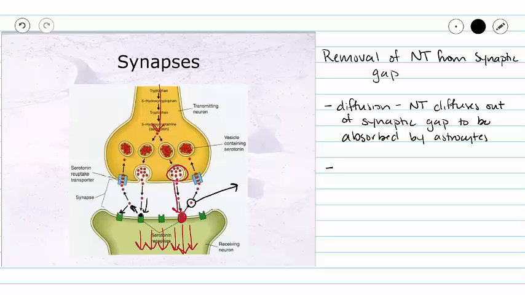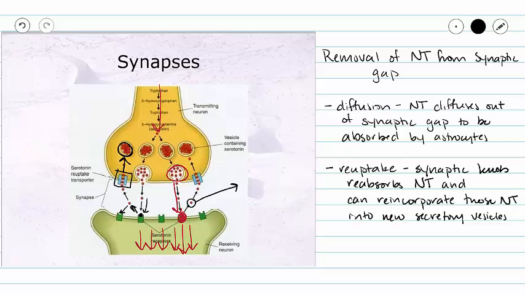What we see going on in our picture is called the reuptake of neurotransmitter. So either our pre or post synaptic knob is going to take our neurotransmitter back inside and put them back into secretory vesicles. This can happen through a protein. So here we have a reuptake transporter, or it can occur through endocytosis.